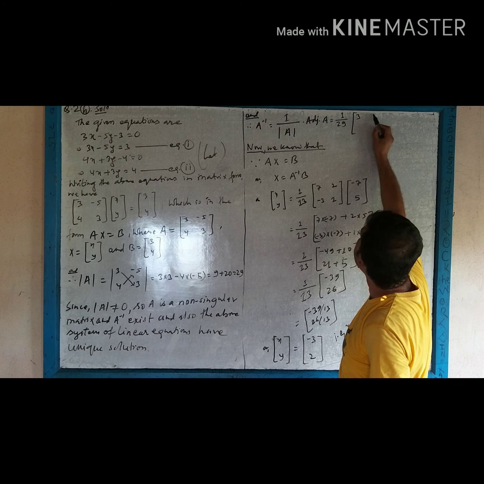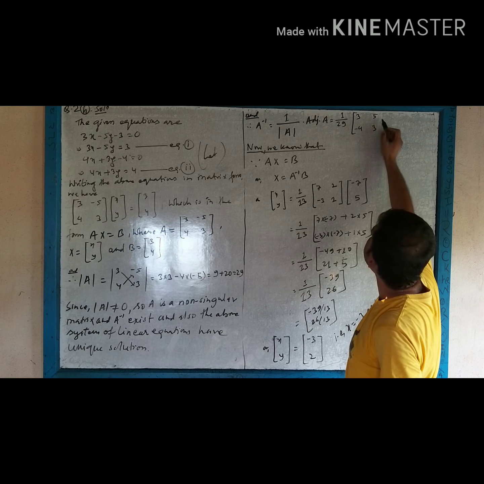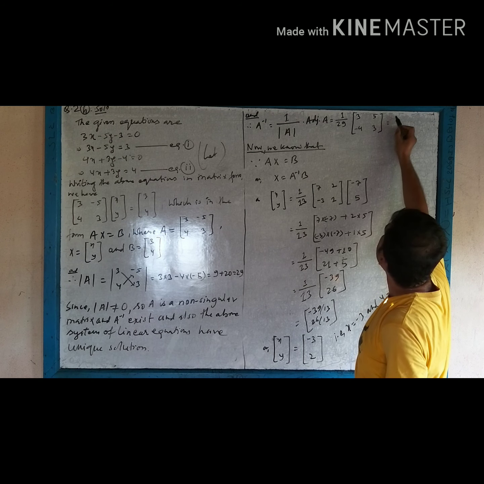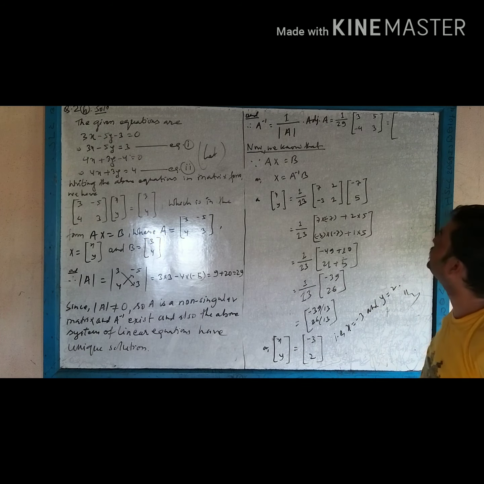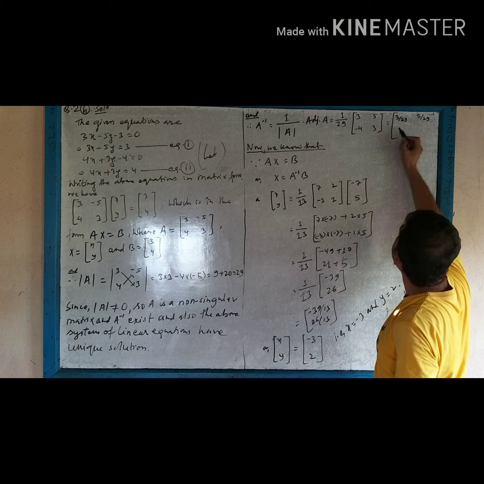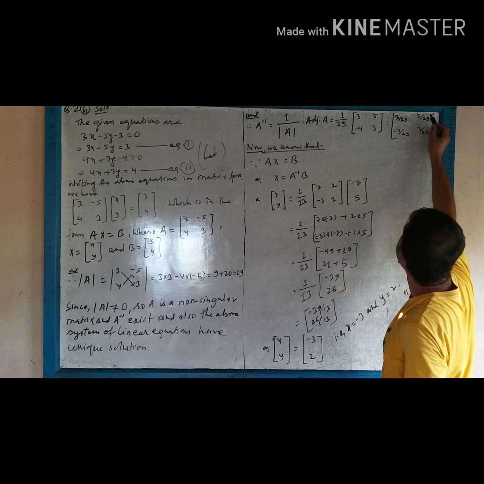The minus 5 becomes 5, the 4 is also 4. This becomes minus 4 and this is 3. If you want to write the exact value of A inverse, then you find it. It becomes 3 by 29, 5 by 29, minus 4 by 29 and 3 by 29.